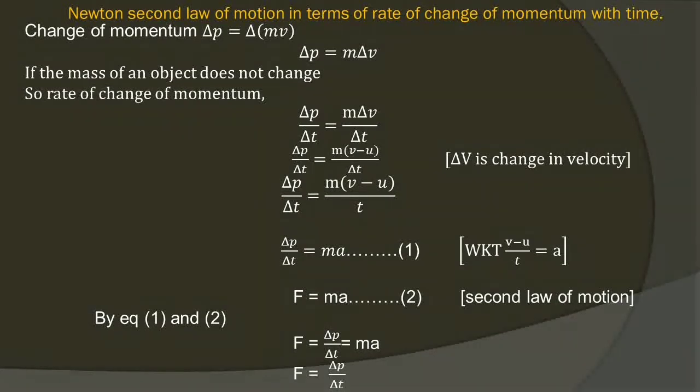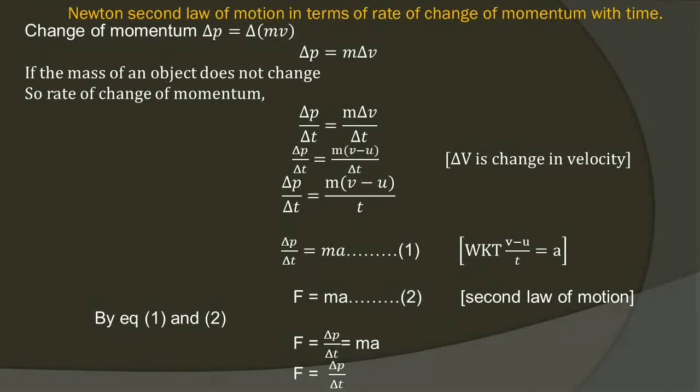Suppose now a force is applied on the body for a time interval del t. Here del means the change. Due to this, the velocity of the body changes by del v, that means the change in velocity, and momentum changes by del p.